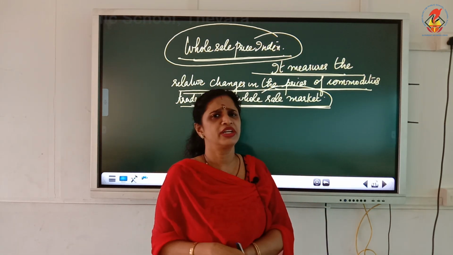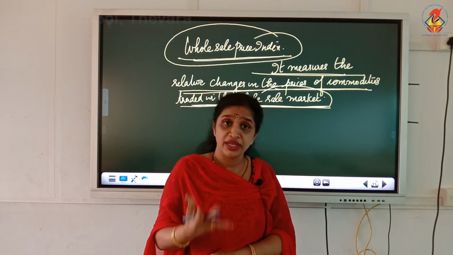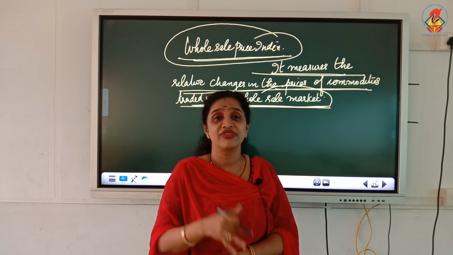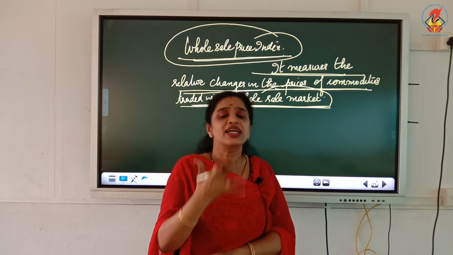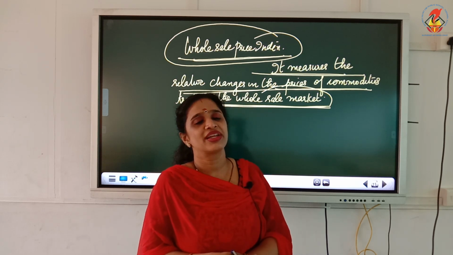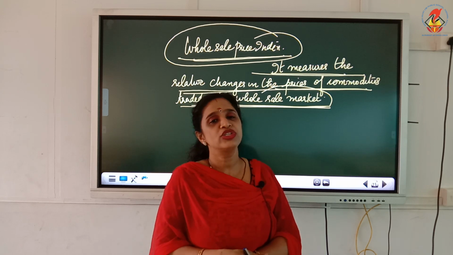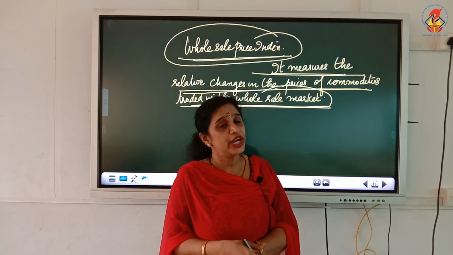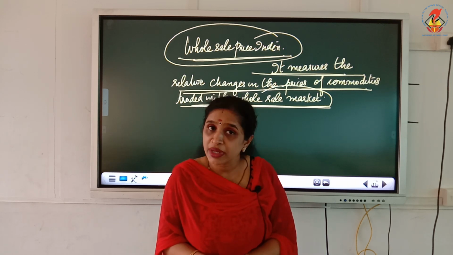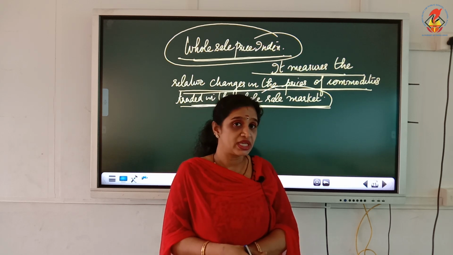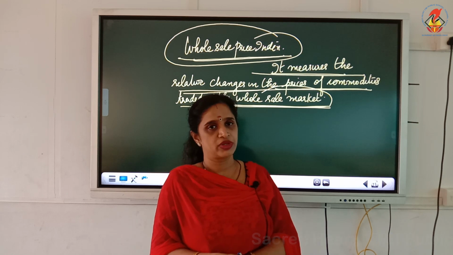There are other different types of index numbers such as industrial price index, which calculates the price differences of the industrial products. Agricultural price index is there, which calculates the changes in the prices of agricultural products. The main two types of index numbers which you need to concentrate this year is consumer price index and wholesale price index. Now the next topic is index numbers.